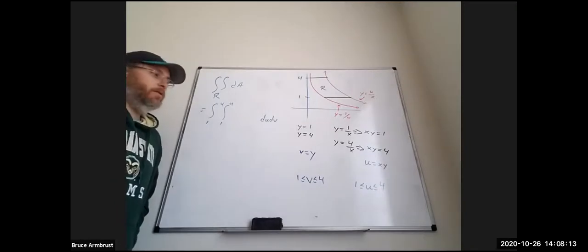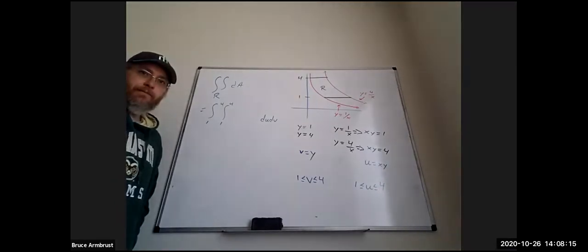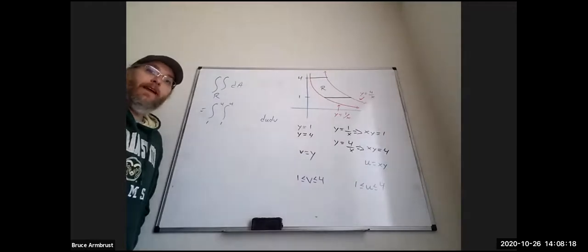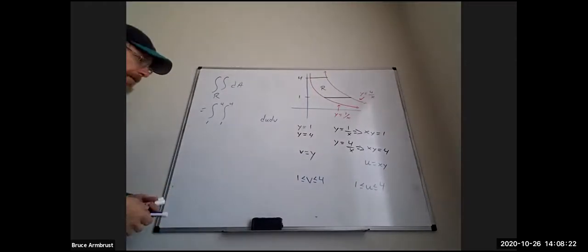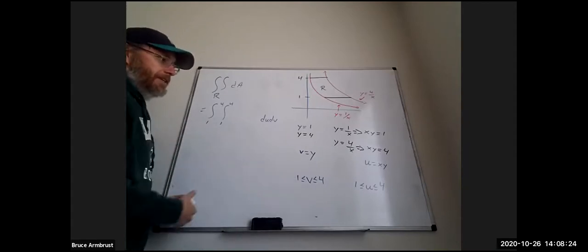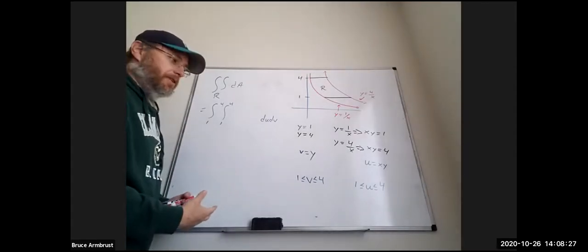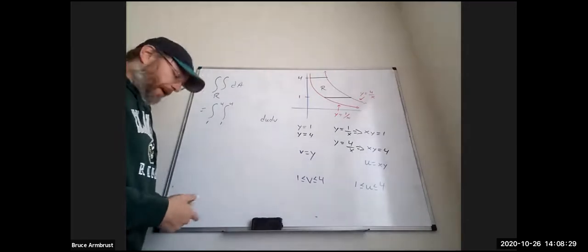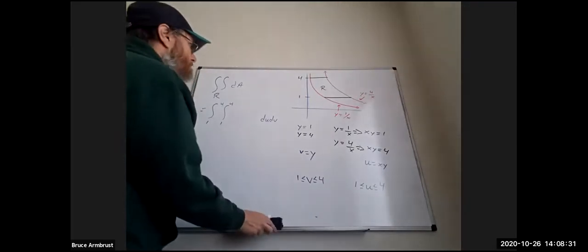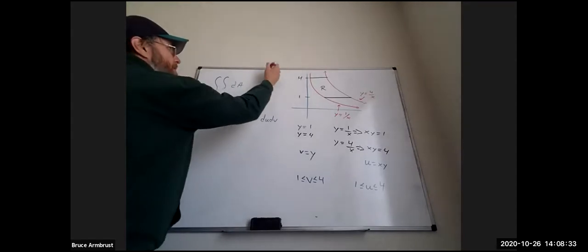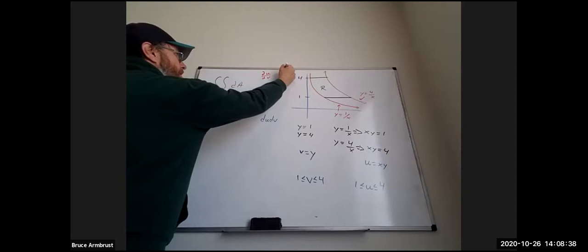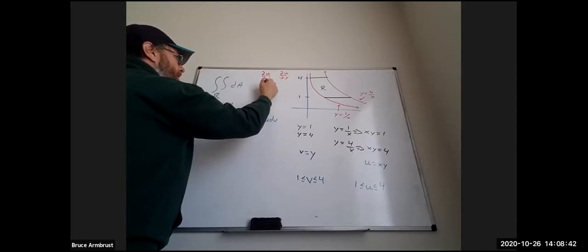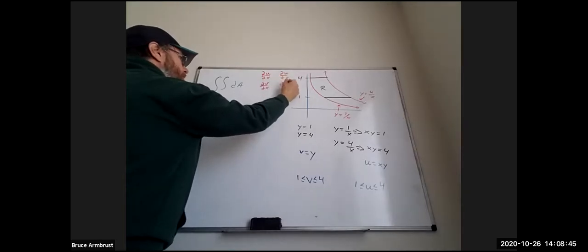But now the question is, what am I integrating? Well, let's find the Jacobian. All right, so instead of bothering to solve it for y equals and x equals, let's use that little inverse trick. Okay, so I'll do that up here. Let's look at du dx, du dy, dv dx, dv dy.